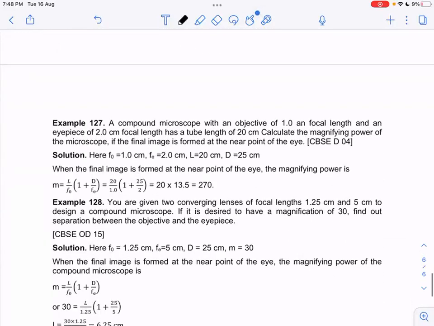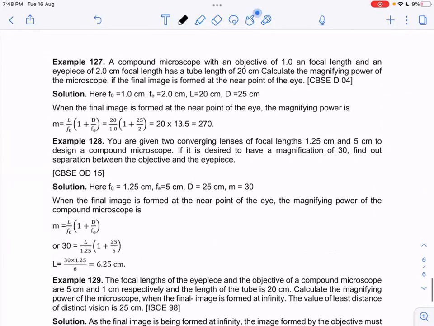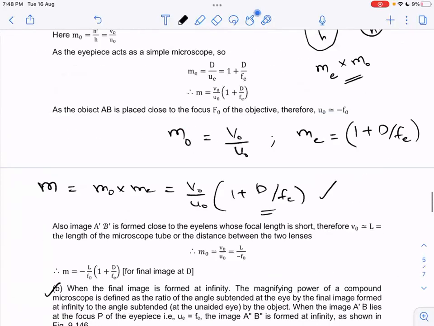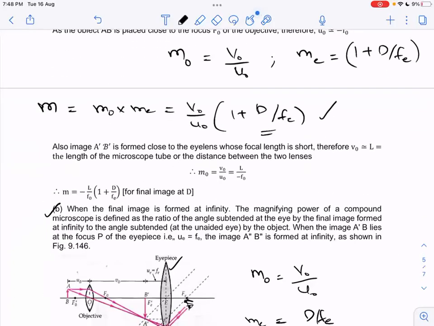Based on this, we will try to solve a problem. Before that, I just want to introduce another term, capital L, which is generally called the tube length. Tube length is basically the distance between the objective and the eyepiece.